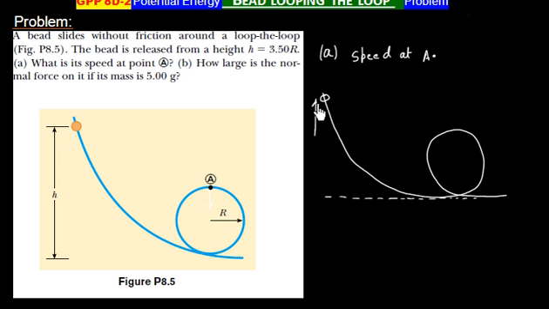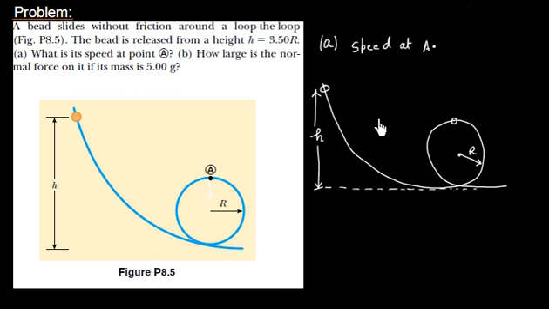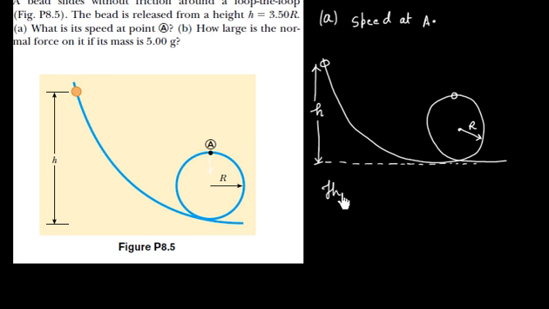Let us say this height is h, and the radius of the loop is also given, that is r. And now this bead is reaching here. Since there is no friction, we can apply energy conservation, that is, there is no loss of energy.